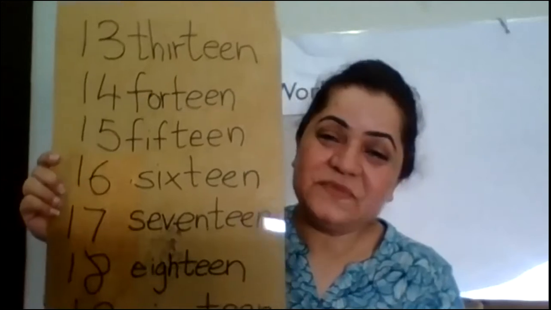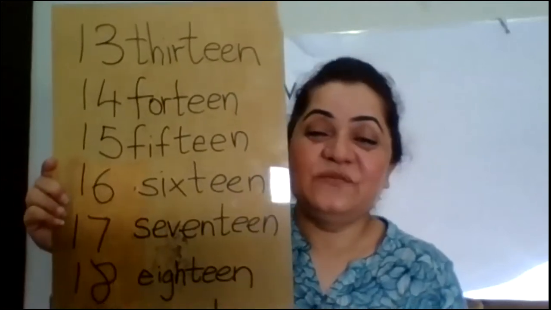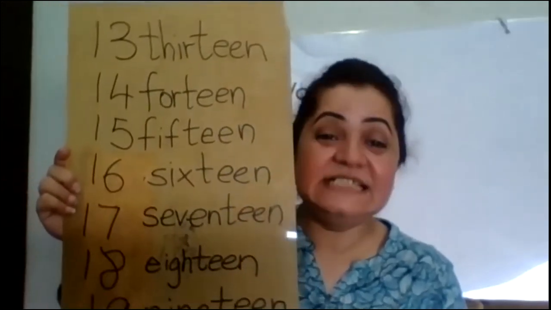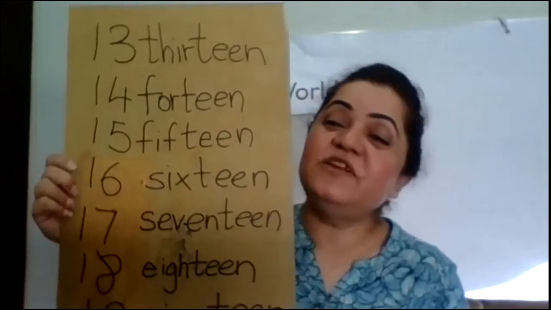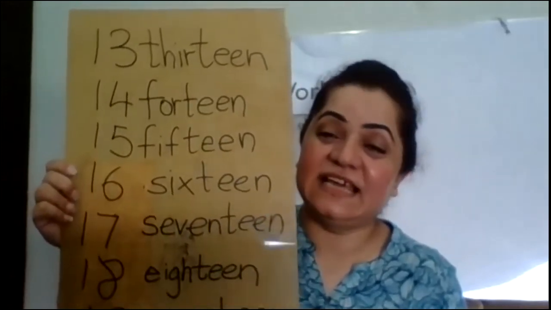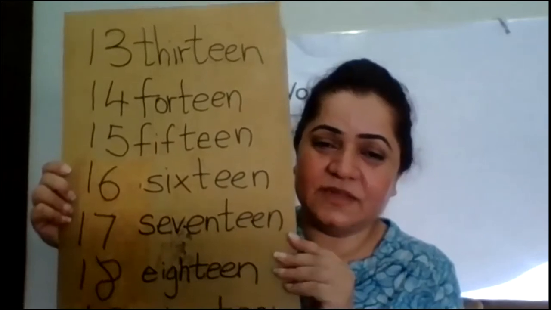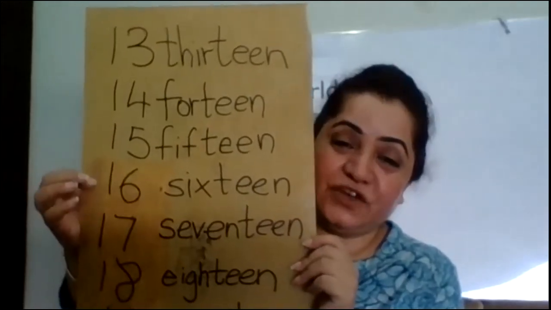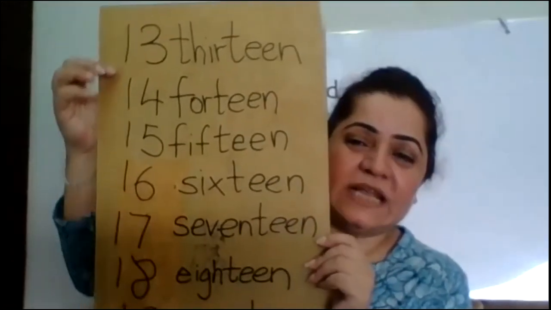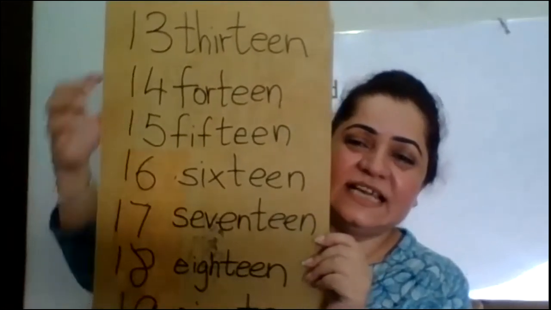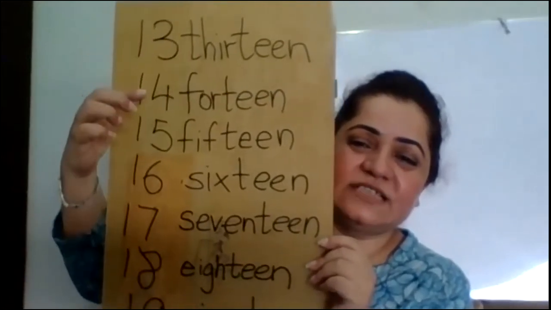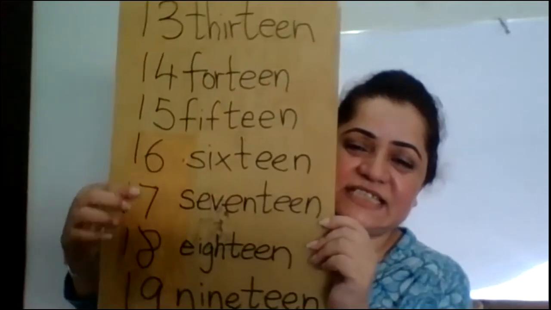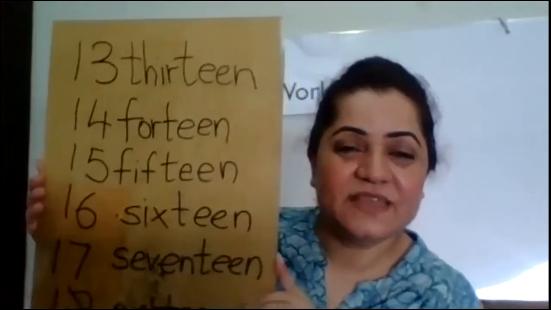Yes. See, this is what is common when we write teen numbers in words. And when we write teen numbers in figures, this has number 1 common in it, and then 13, 14, 15, 16, 17, 18, 19, right?